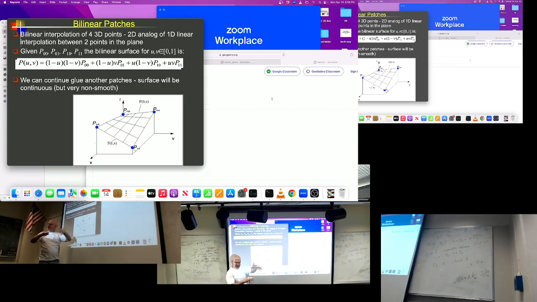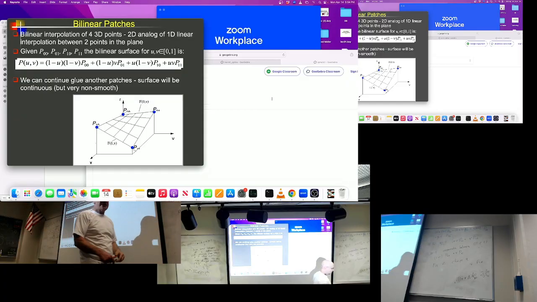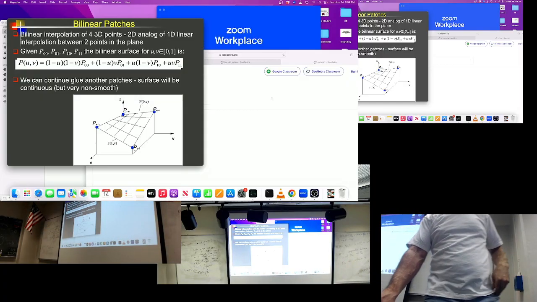So if it's only pieces of line, does it mean that the whole bilinear patch is planar? I'm only using line segments that connect the points from this side to this side. Does it need to be all planar?